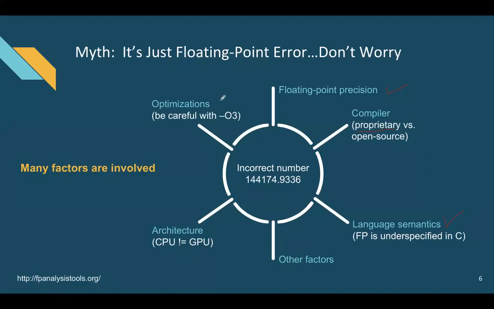You should be careful with -O3. I'll show you later some examples of why O3 is dangerous. Just pay attention to that. The architecture is also important. Are you running this on a CPU host or on a GPU or another accelerator? So those are things that you need to keep in mind when you see a numerical result that you don't necessarily expect.